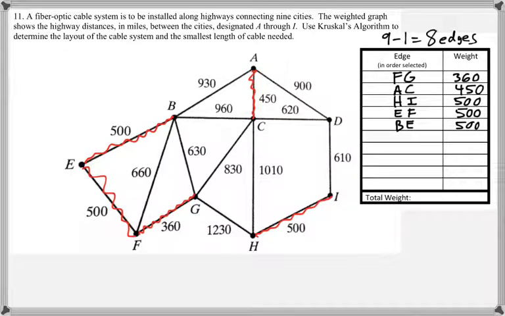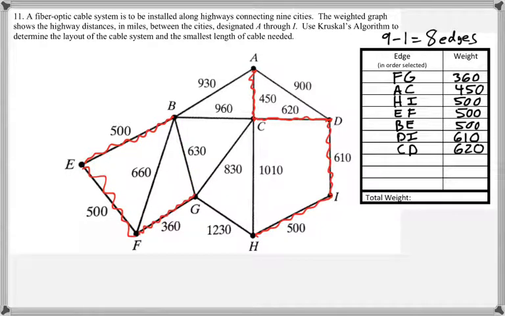The next highest value is 610, which is DI. Next would be 620, which is CD. Next is 630, but I don't want to include this because it would create a circuit.